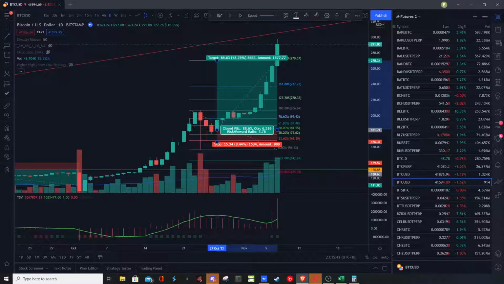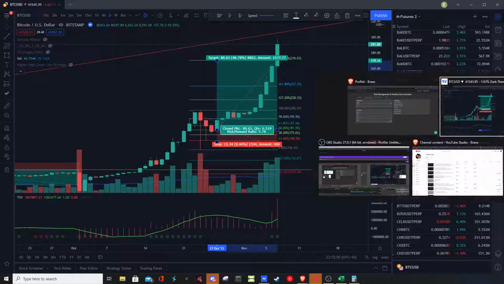That's another thing, guys, that I don't think I changed the entry price, because the entry price will be a different position size. So pick up on that.